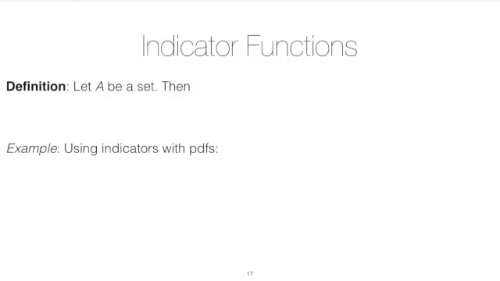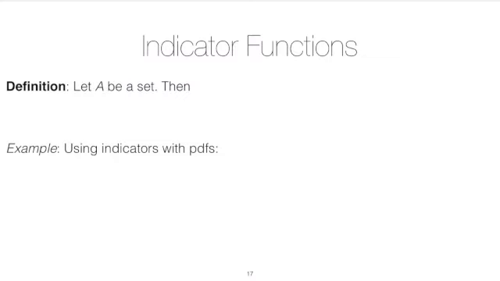So to be a little bit more general, we can define indicator functions in the following way. So we can let A be any set. So for the case of the exponential, A was the interval from 0 out to infinity. So here we'll be a bit more general.